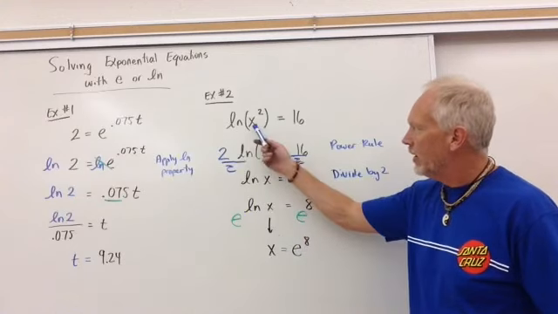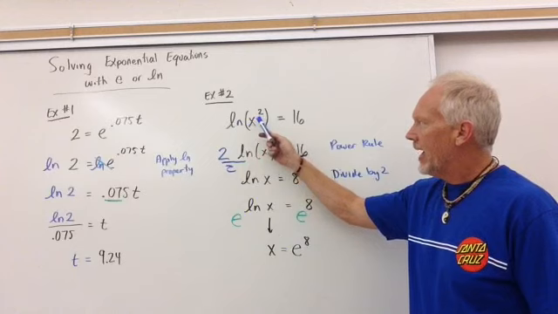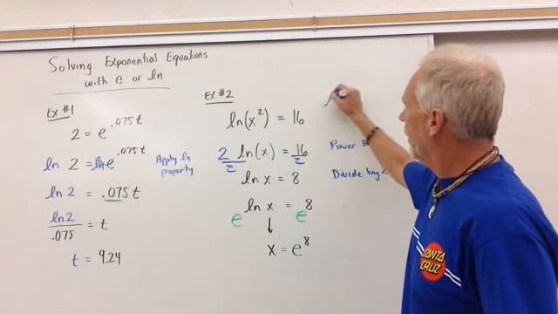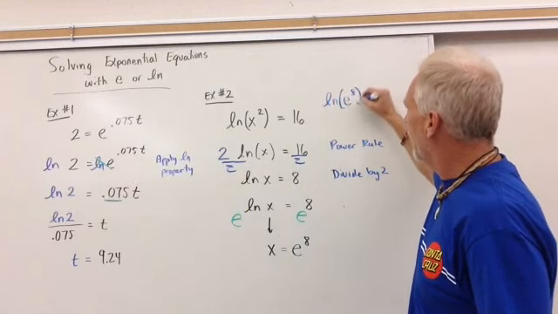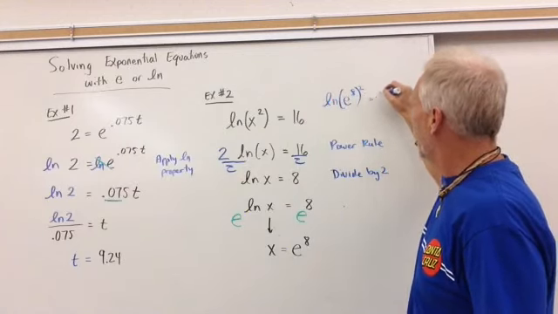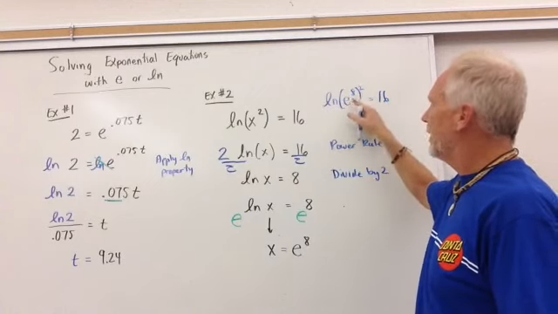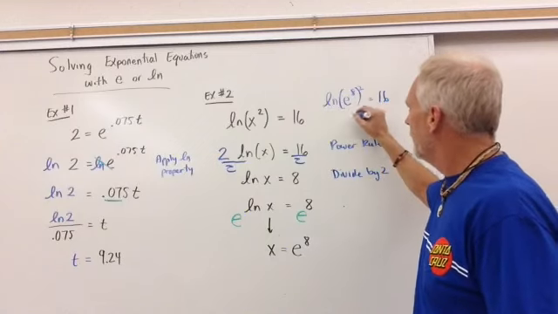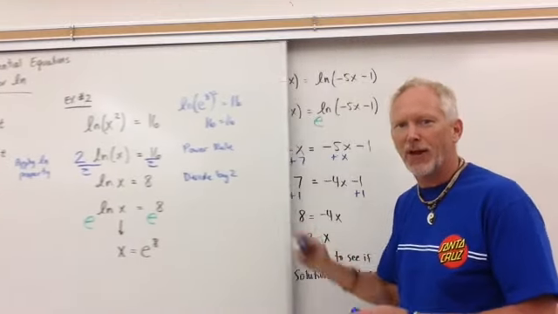You plug this back in here: ln of e to the 8th, all squared. Does that equal 16? Well, ln of e to the 8th, times 2 is 16, and so the ln of e goes away, and so yes, 16 is equal to 16. Pretty cool. All right, I like logarithms.